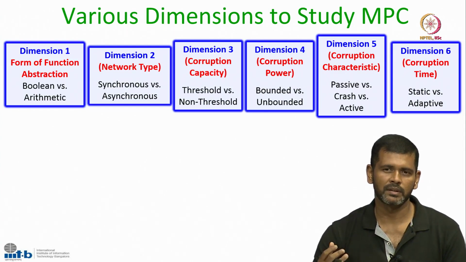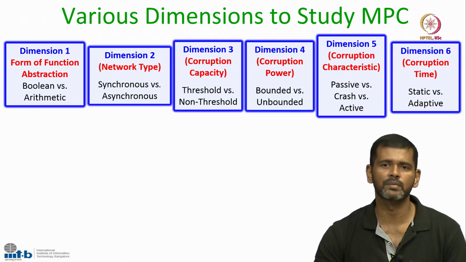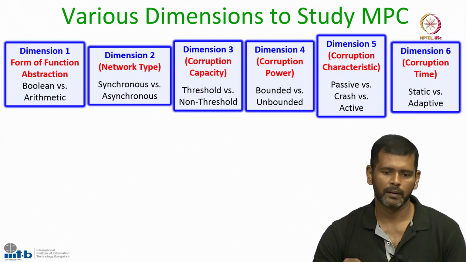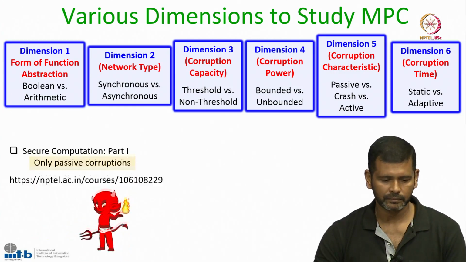The distrust in the system is going to be modeled by an adversary, but there are various ways to model the adversary depending upon its corruption capacity, its running time, when exactly the adversary is going to corrupt the participants in the system, what type of corruption is there, and so on.